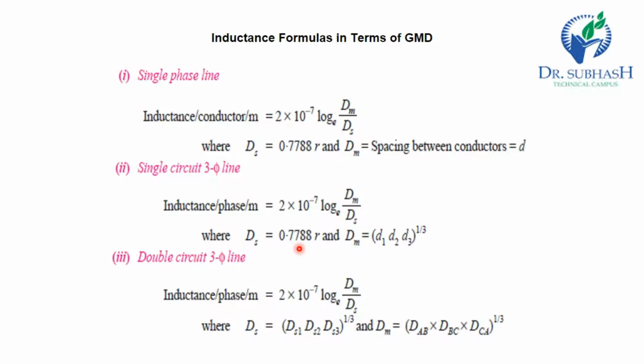For a double circuit three phase line, the value of self GMD is (Ds1 Ds2 Ds3) whole raised to 1 by 3, and the mutual GMD is (DAB DBC DCA) raised to 1 by 3.